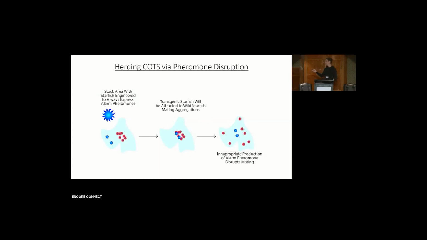So, for example, you can imagine having a crown of thorns starfish that is expressing alarm pheromones, or even a gene from the Triton snail, and then it goes to where everyone is having the big mating aggregates, and it just basically crashes the party and disrupts those mating aggregates, and could potentially be used to drive down the reproductive success of a particular population.